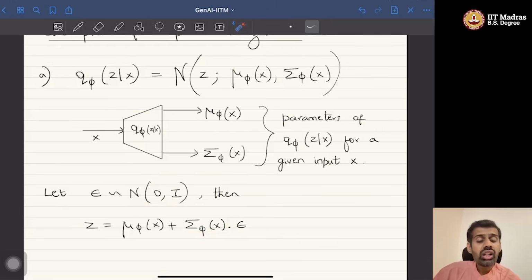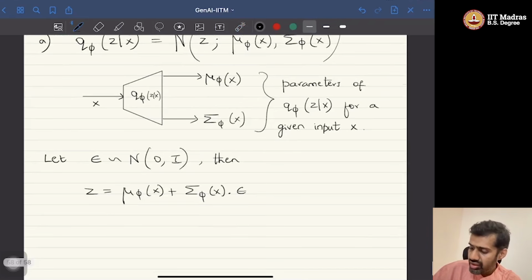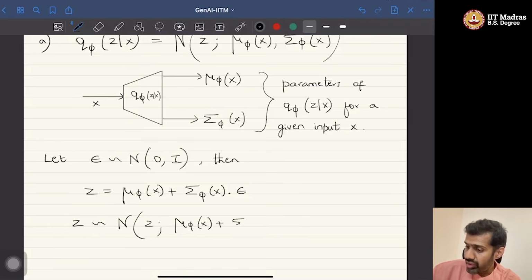But if you take a Gaussian distribution with zero mean and unit variance, and you just add a particular constant mean and multiply the sample from a normal 0, 1, then you know that z will be sampled from a normal distribution with mean equal to mu phi of x, and the variance will be equal to sigma phi of x.